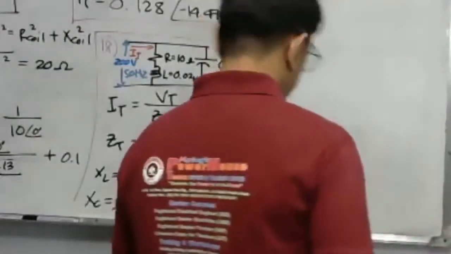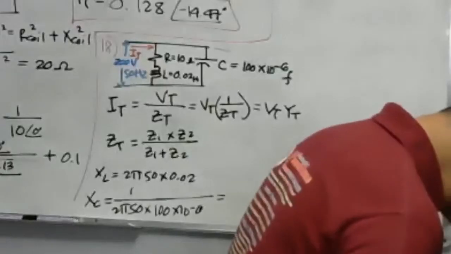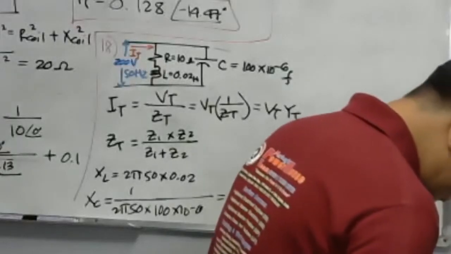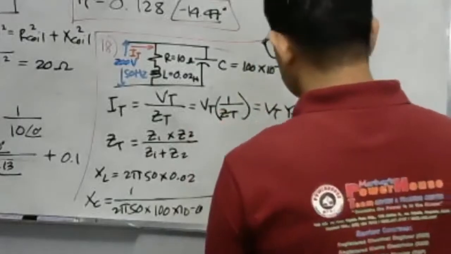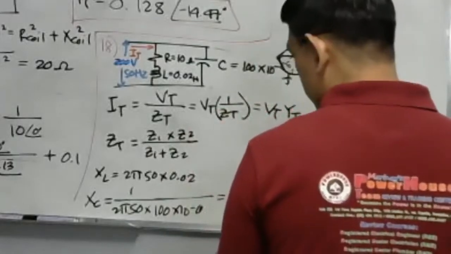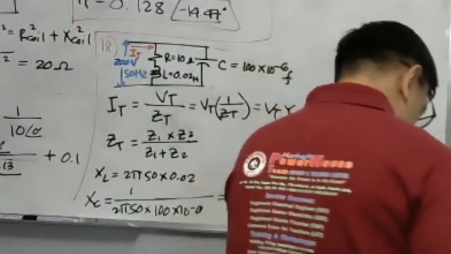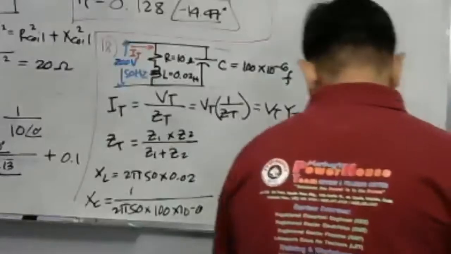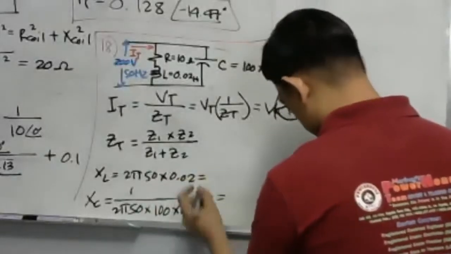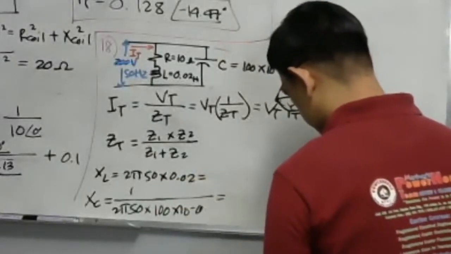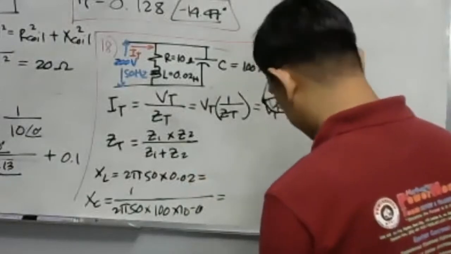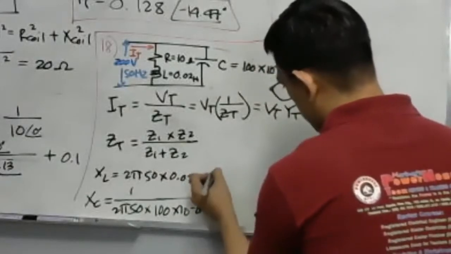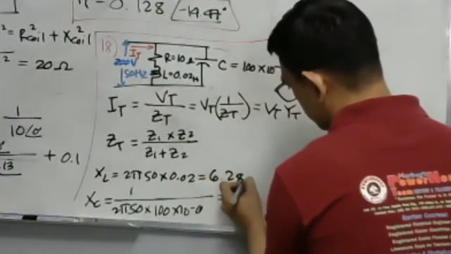Okay. Let us solve this. I already have the value, guys. I'll just write the value. So, the value for our X sub L for number 18 would be 6.28 ohms.